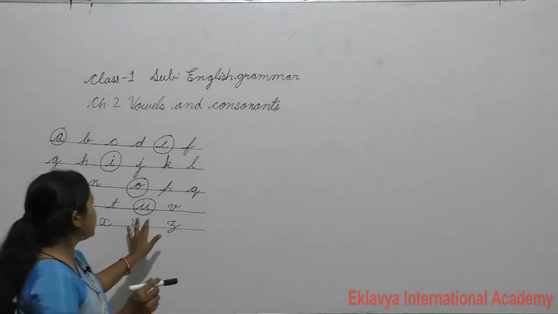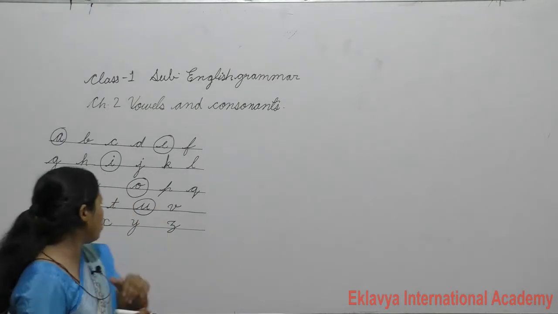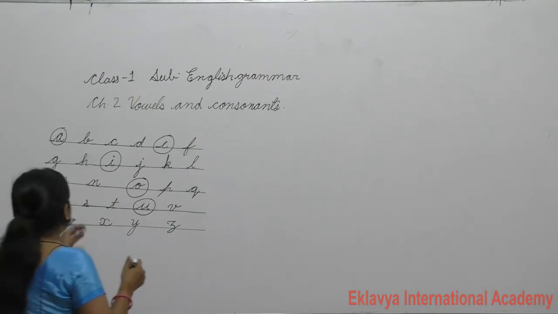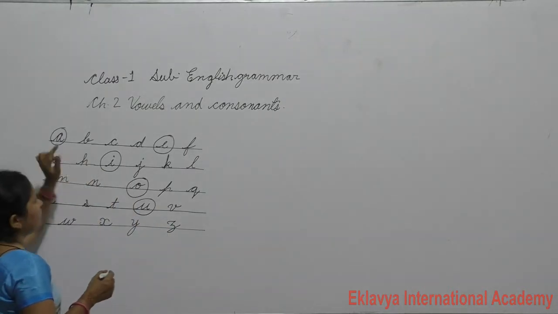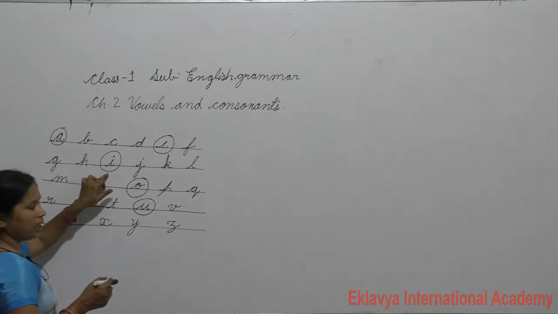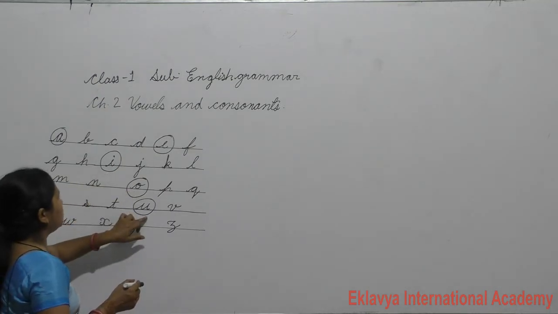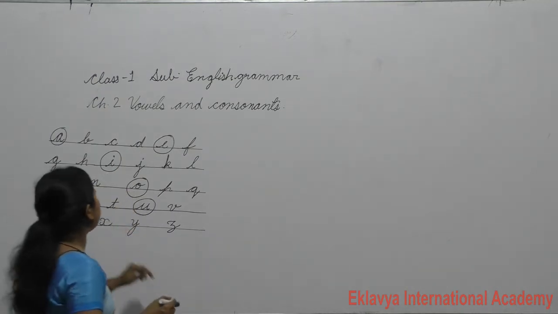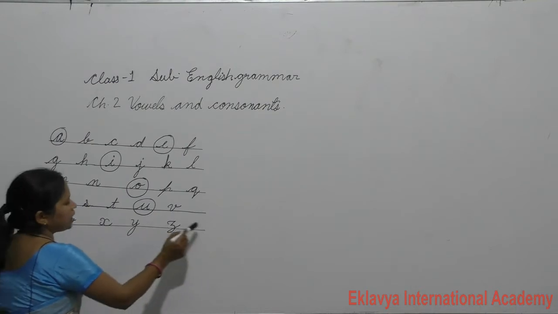How many vowels? 5 vowels. You will notice these vowels: A, E, I, O, U. These are vowels, and the other letters are consonants.